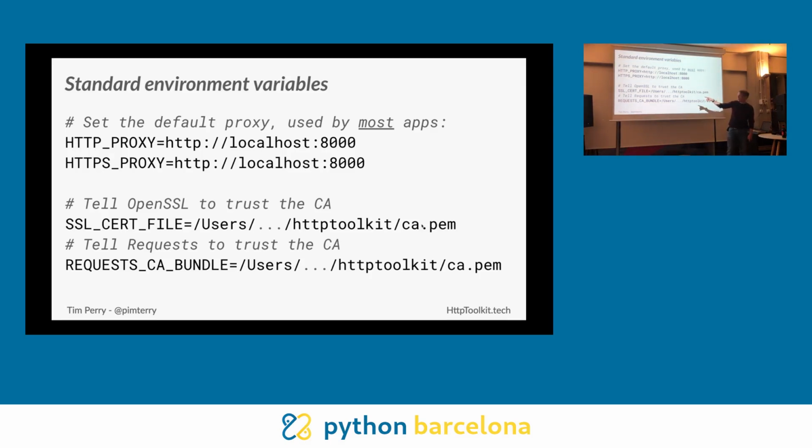So we can set a variable, and everybody using OpenSSL will immediately trust us to handle certificates. And requests as well has its own variable. So if I set this, and the proxy, which requests uses, I immediately get requests straight away. Those are the two things we need.